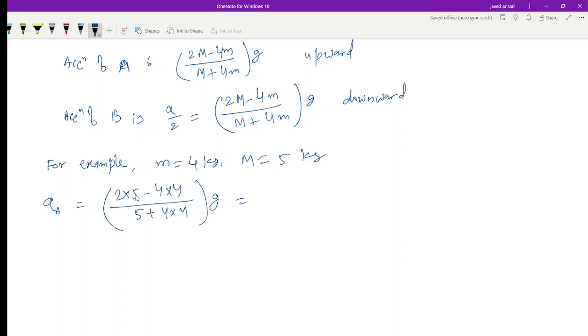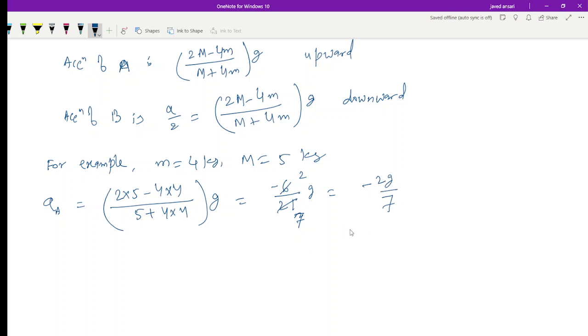How much is this? 5 twos are 10, 4 fours are 16, so 10 minus 16 is minus 6, over 5 plus 16 is 21, times g. Cut it by 3: 3 sevens are 21, 3 twos are 6. This is minus 2g by 7.